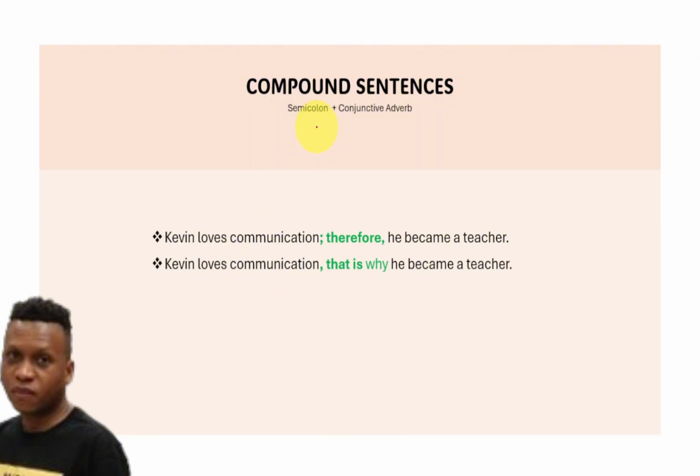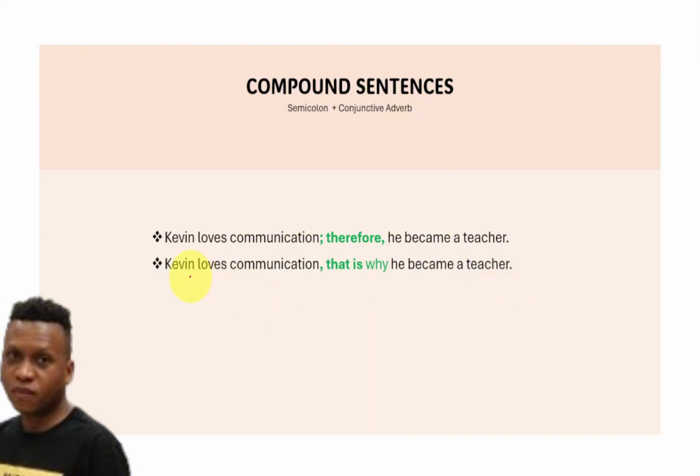Now we have the semicolon plus the conjunction, in case you don't get it the way I put it here. So Kevin loves communication, semicolon, therefore he became a teacher. Kevin loves communication, that is why he became a teacher.